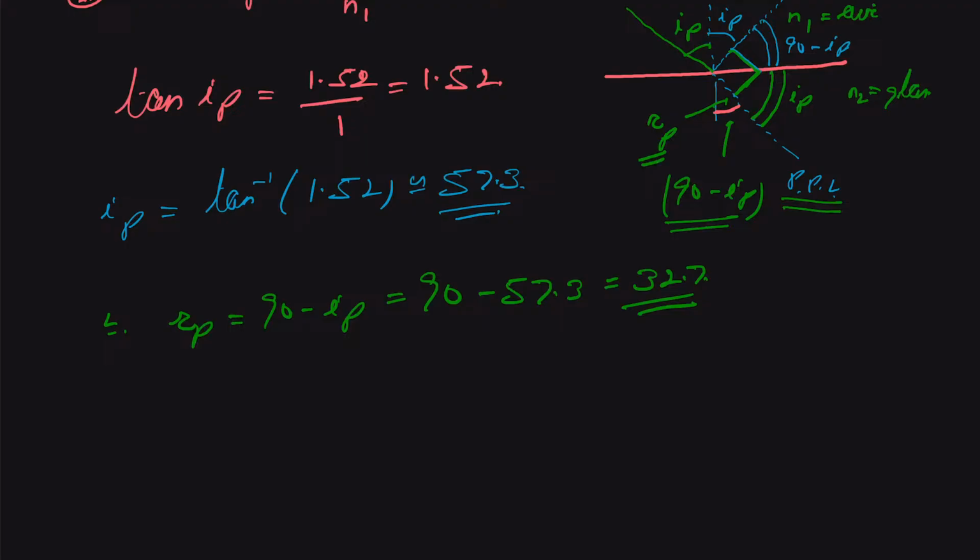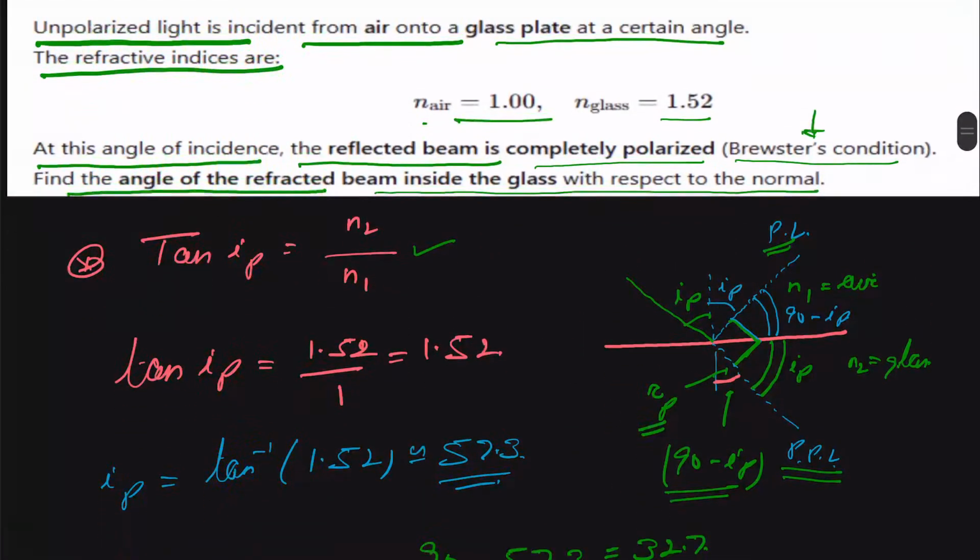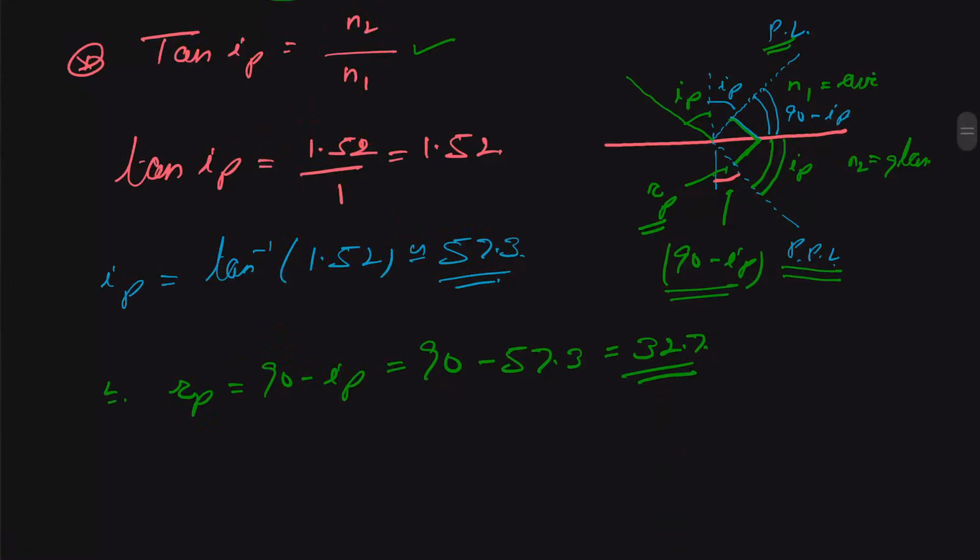We are supposed to find the angle of the refracted beam to the normal. That is our R of P. A little bit tricky part here is how to find it, but if you know the geometry, we can easily find it using the geometry.